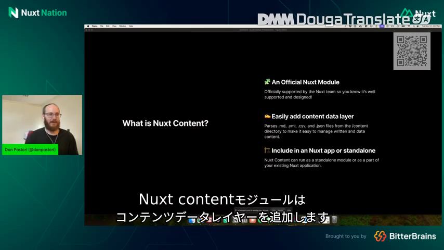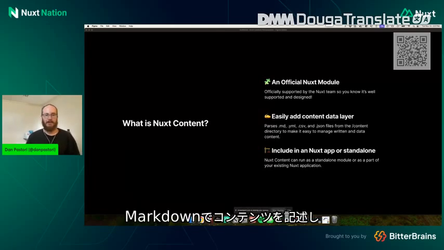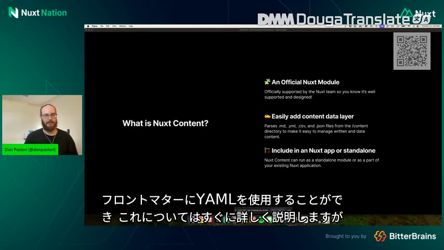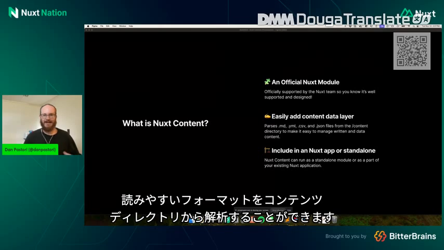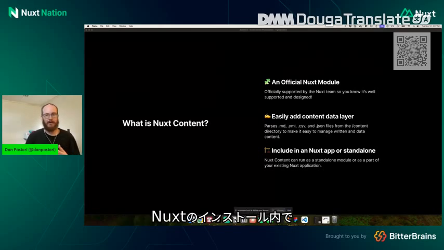So what the Nuxt content module does is add a content data layer. It allows you to write content in Markdown, use YAML for front matter, which we'll dive into soon, to help describe your content, and parse other normal, easier to read formats from the content directory within your Nuxt install.